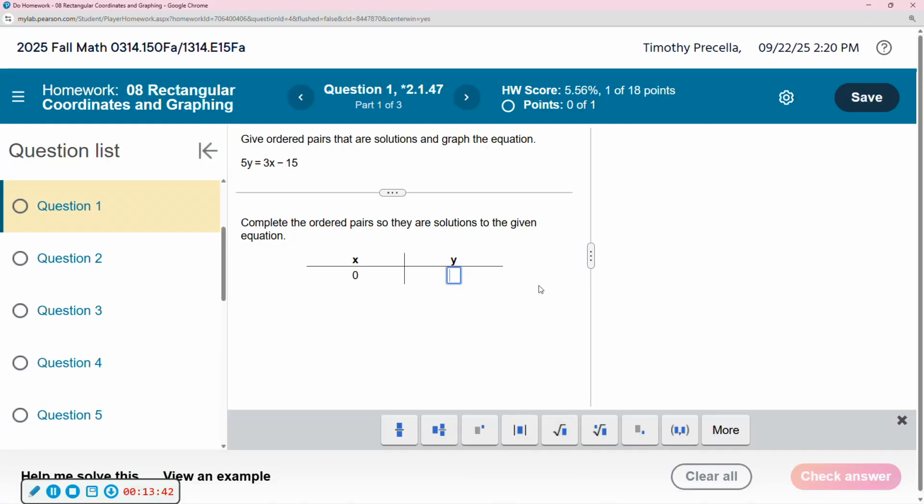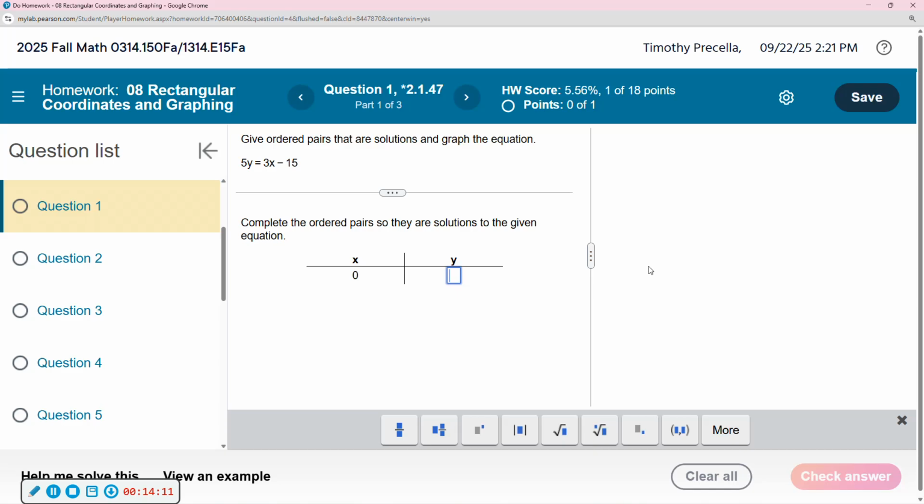Let's go ahead and look at problem number 1. It says, give ordered pairs that are solutions and graph the equation. So let me write it down. Problem number 1, 5y equals 3x minus 15. You might notice this isn't written exactly in the form ax plus by equals c.